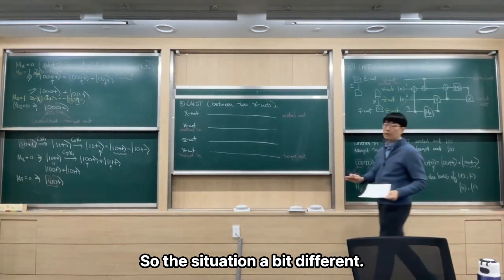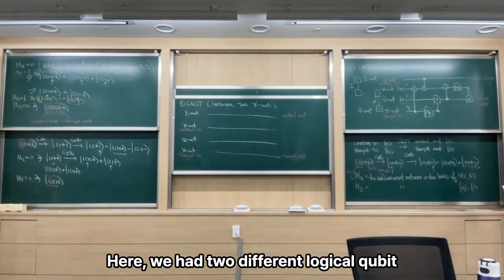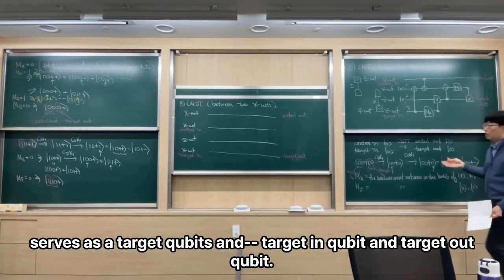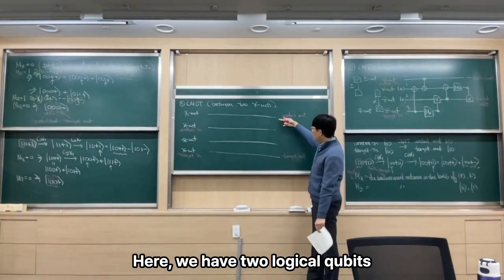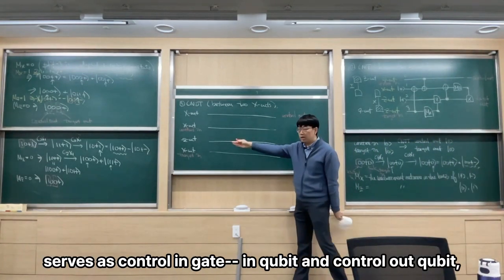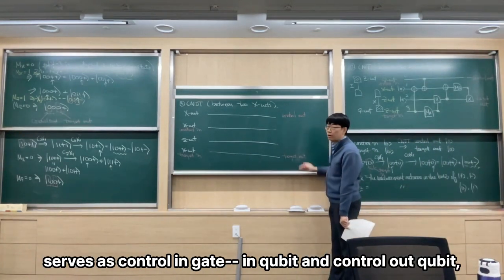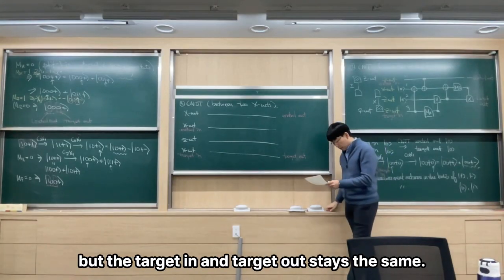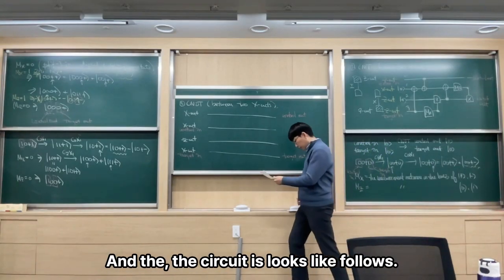So the situation is a bit different. Here we had 2 different logical qubits serving as target in qubit and target out qubit. Here we have 2 logical qubits serving as control in qubit and control out qubit. But the target in and target out stay the same. And the circuit looks as follows.